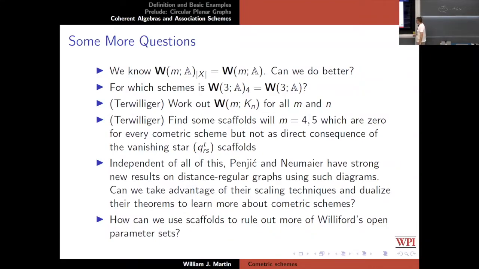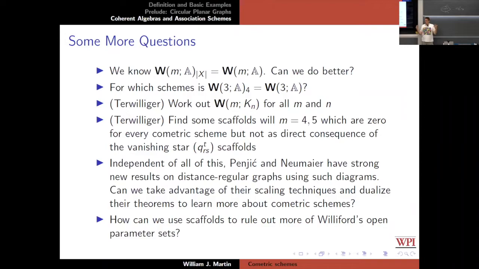Okay. And then Paul and I, both for a while, but Paul challenged me even this week, to find things other than the stars. Right? We know that if Qijk is 0, then this little star scaffold has to vanish. And if Pijk is 0, this triangle scaffold has to vanish. But maybe there are other scaffolds, other configurations, such as other graphs that cannot be an induced subgraph of any distance regular graph.